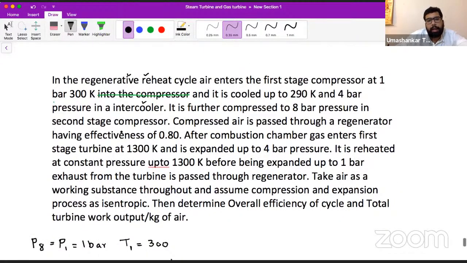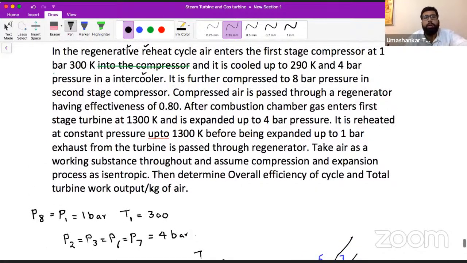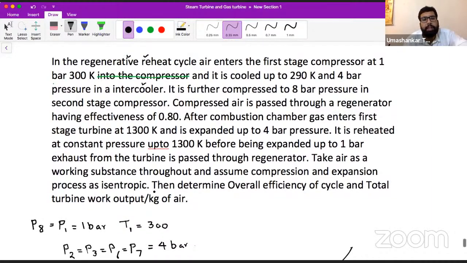And also what is given? Our P4, P5 is also given as 8 bar. What else is given to us? What temperature? We have T1 with us. We have T3 with us.